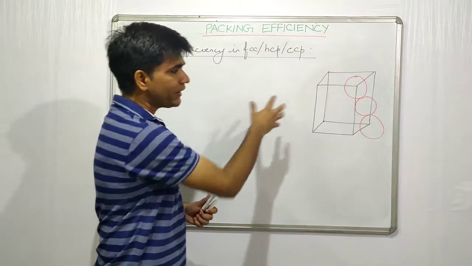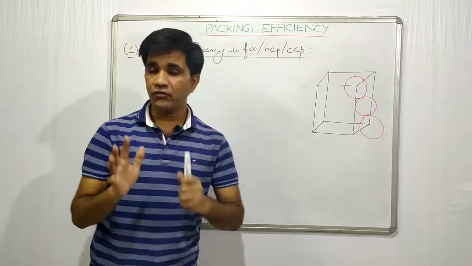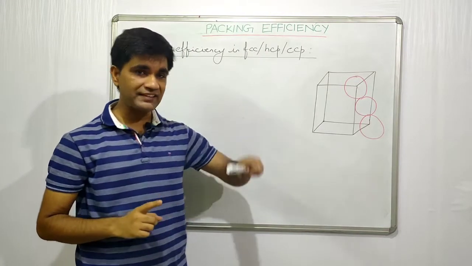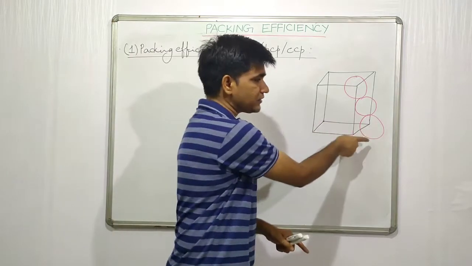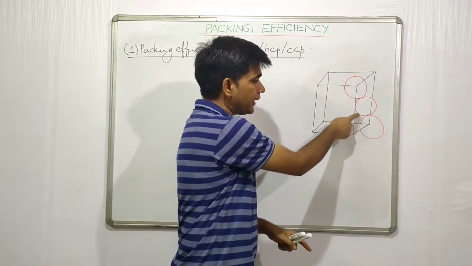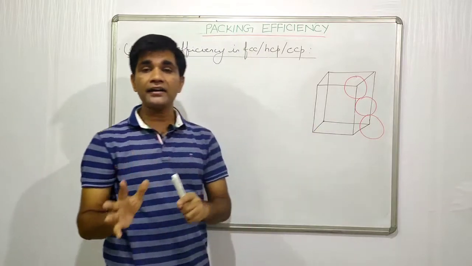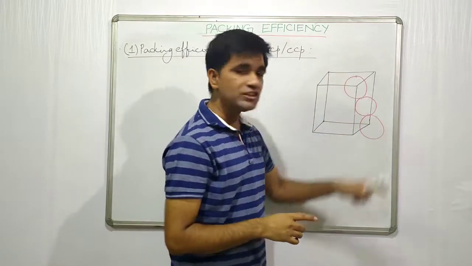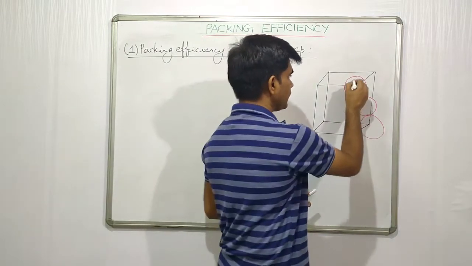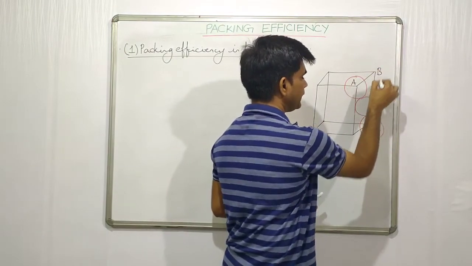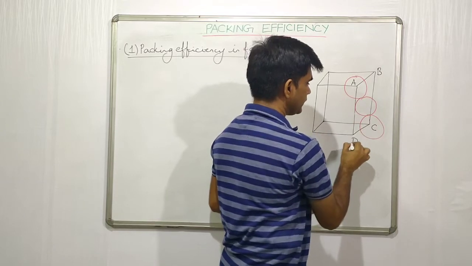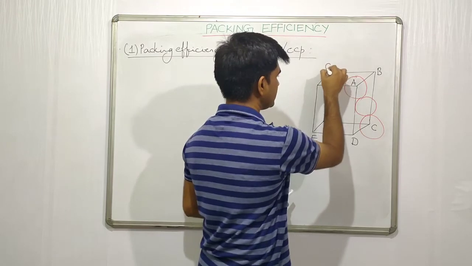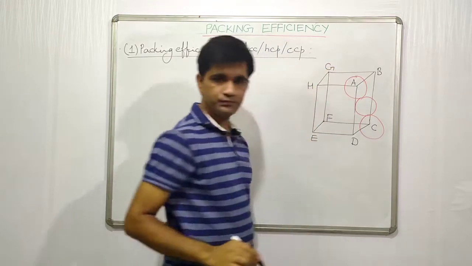Suppose this is a unit cell for FCC where particles are present at the corners as well as at the face centers. The particles present at the corners and at the face centers are in touch with each other. Now I'll give a name to each corner: A, B, C, D, E, F, G, H.